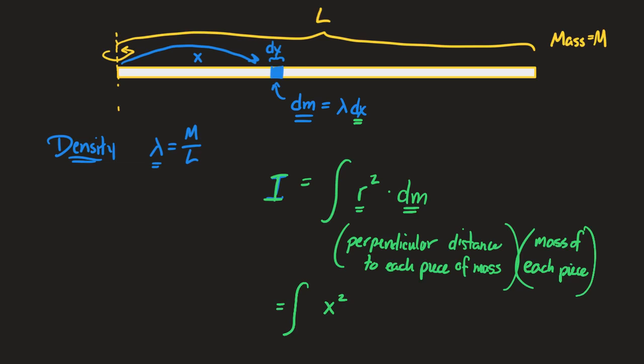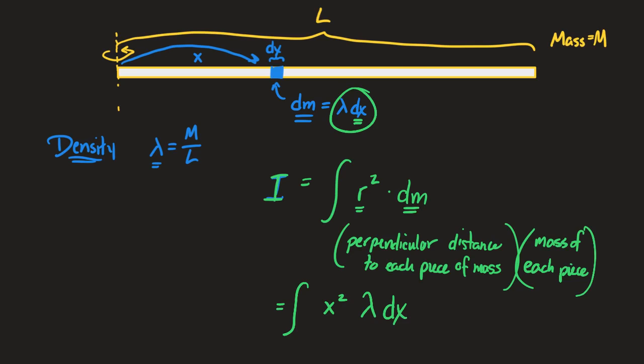And I will replace dm with something that has our variable of integration, something that's based on the shape. So instead of dm, I'll have lambda dx. Now, this is the mass of each piece, and this is the perpendicular distance away.